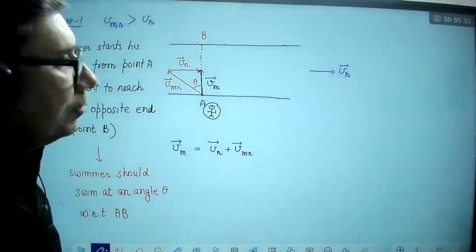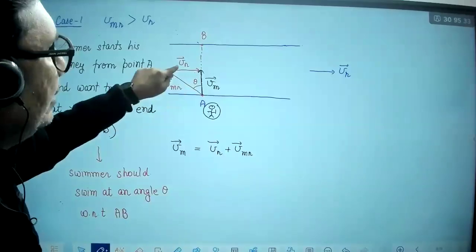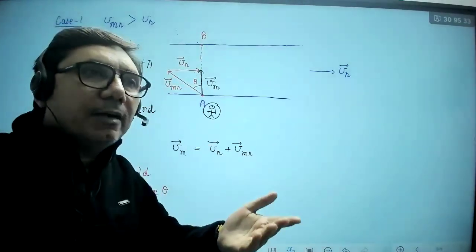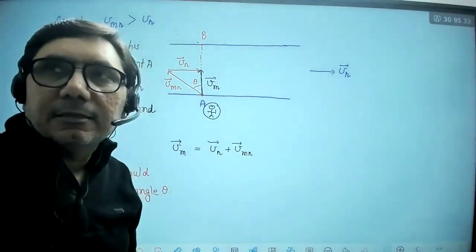So what will be this angle? If someone asks you what is this angle, out of these three, VR, VM, VMR, he is going to provide you two quantities.